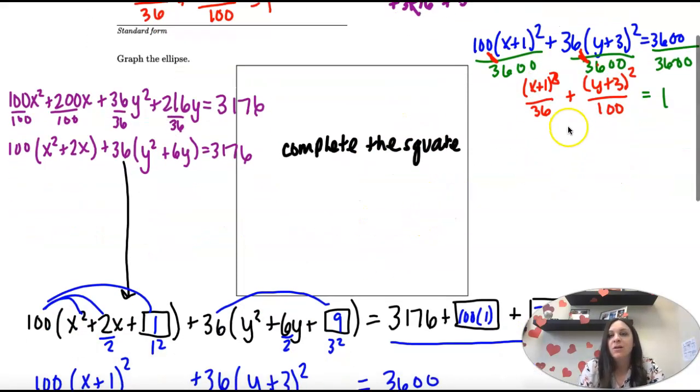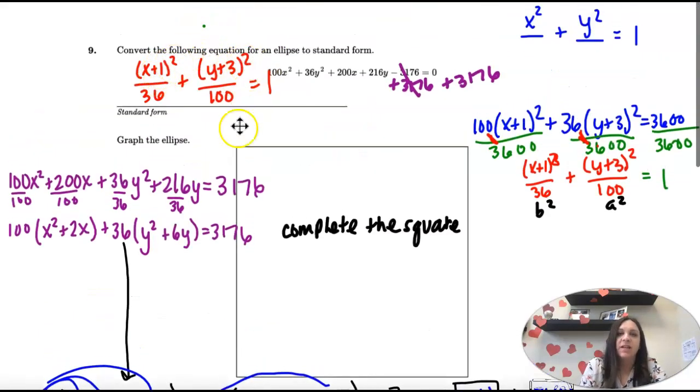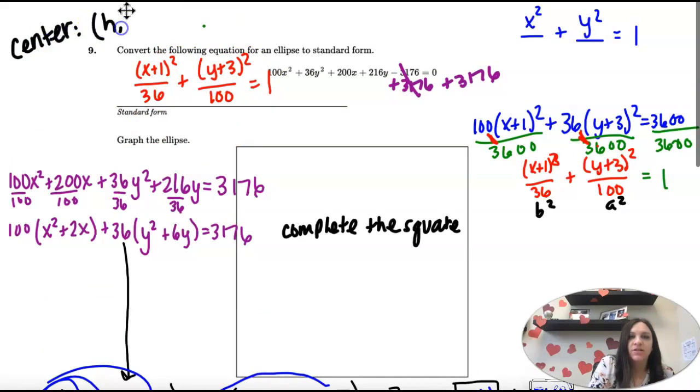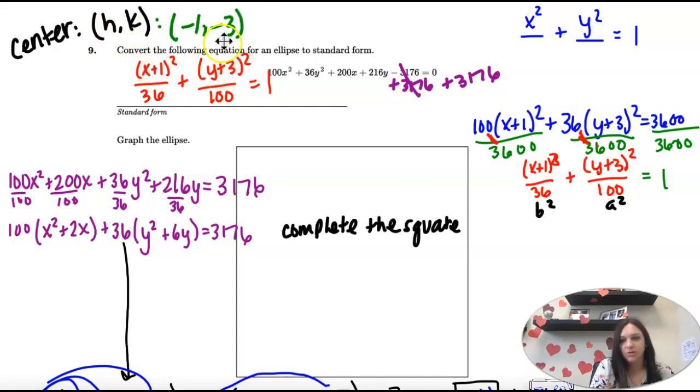Okay, so we have our bigger number, a squared, b squared, and it's been shifted, our graph. We have a different center. So remember, the center is at h, okay, and it's opposite. So our center will be at -1, -3, because those are positives in the parentheses. So what that means is if we start at 0, 0, we're going back 1, down 3.